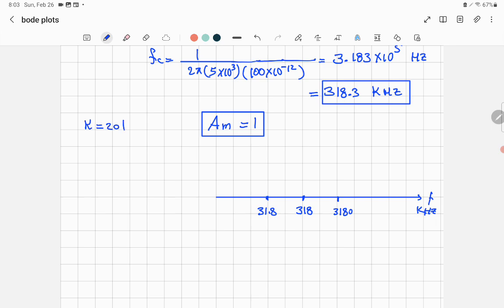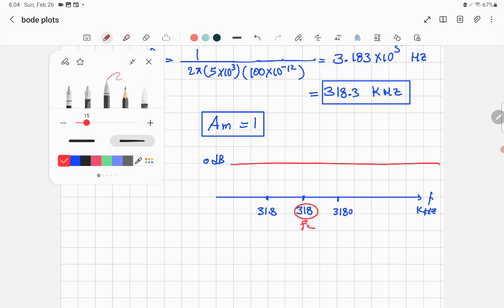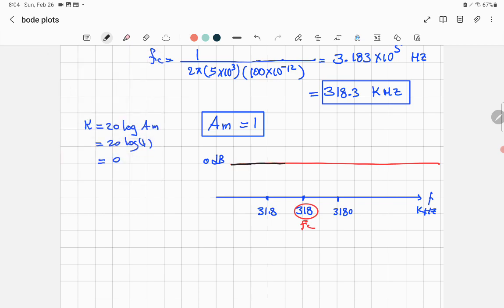Your K is equal to 20 times log AM, 20 log 1. Log 1 is equal to 0, so your K is equal to 0. So if this red line here represents 0 decibel, it will be running at 0 up to the corner frequency. This is your fc, so it will be constant. Let's make it a thick line, going from lower frequency up only to this point.